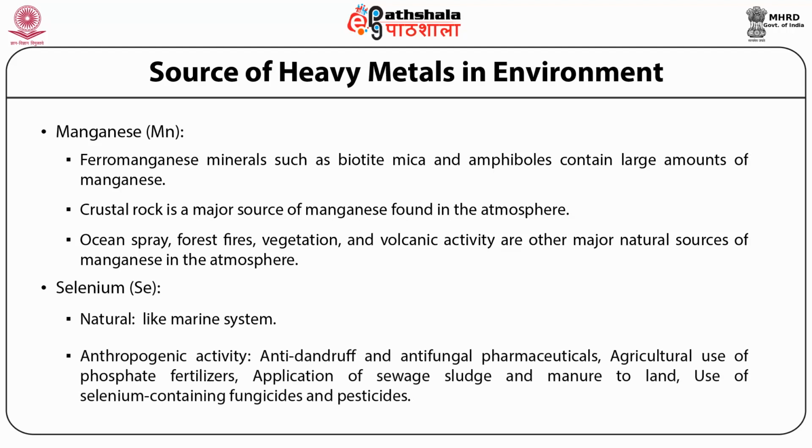Other anthropogenic activities which result in selenium in the environment are anti-dandruff and antifungal pharmaceuticals, agricultural use of phosphate fertilizers, application of sewage sludge and manure to land, and use of selenium-containing fungicides and pesticides.